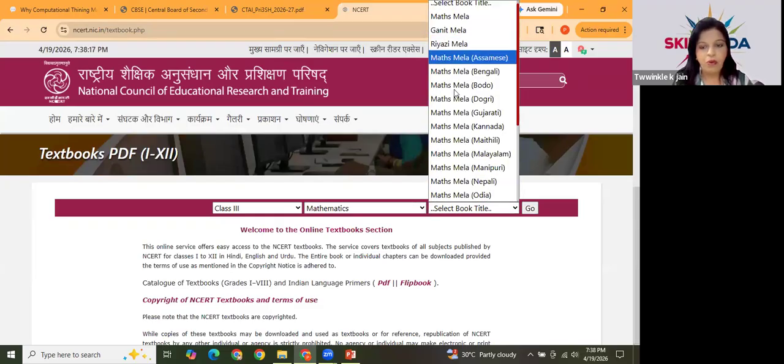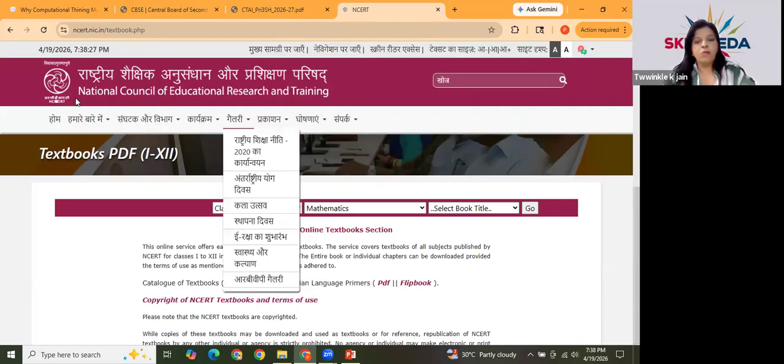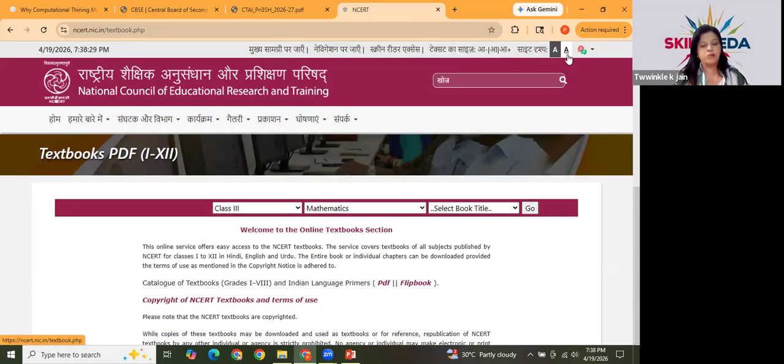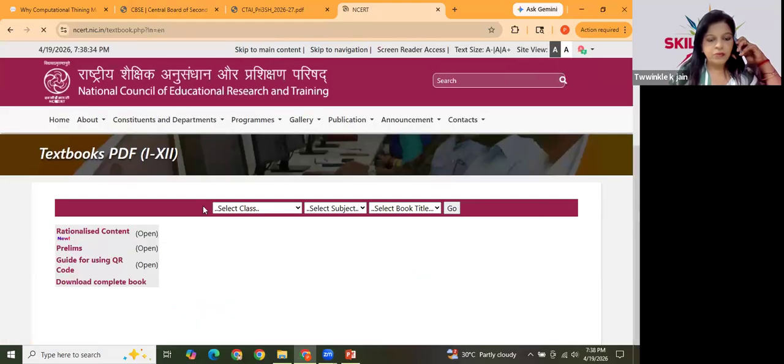Since ours is English language, here it is reflected as Hindi, so I have to change my language here. Okay, somewhere the option is, yes, English. Then only I'll get everything in English.